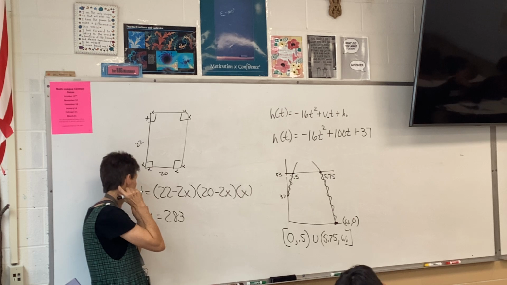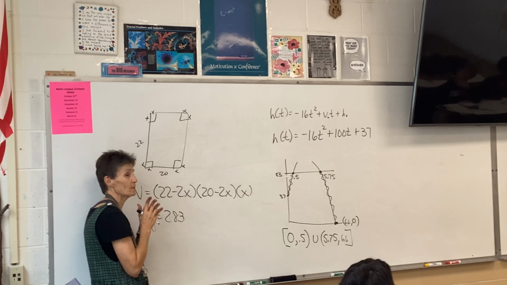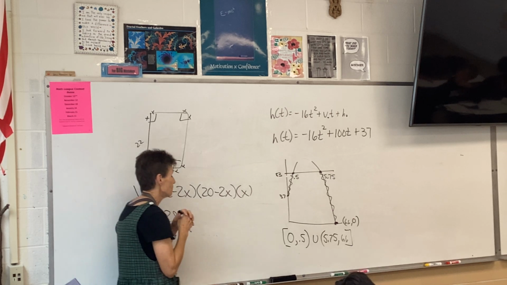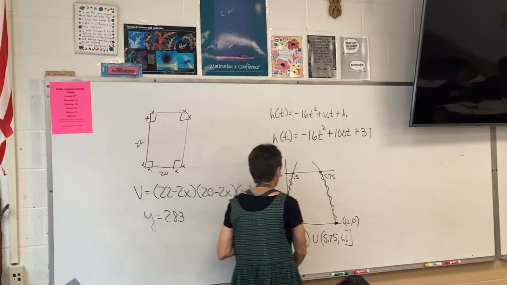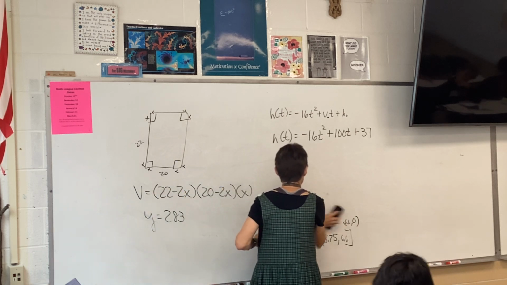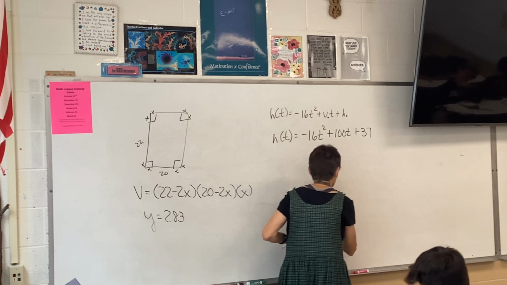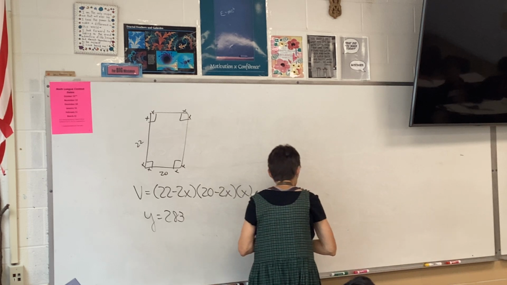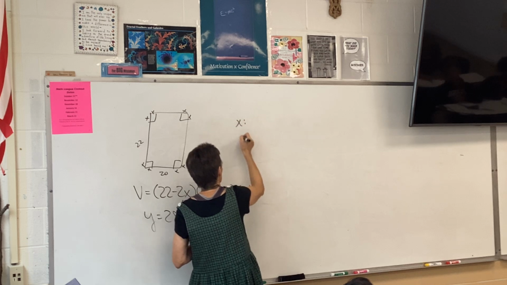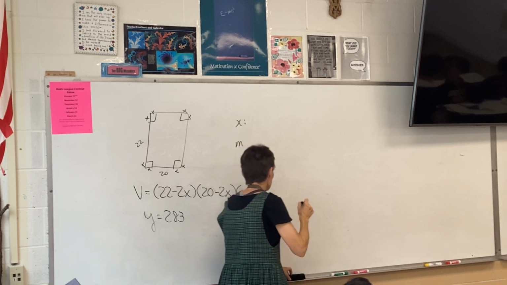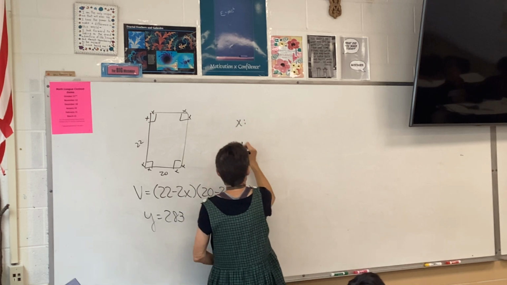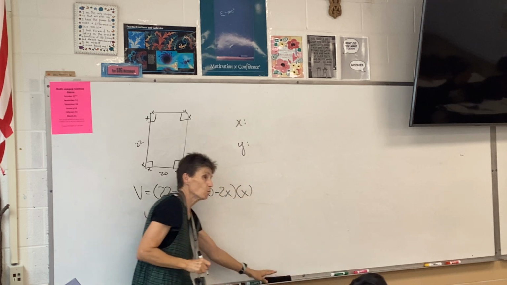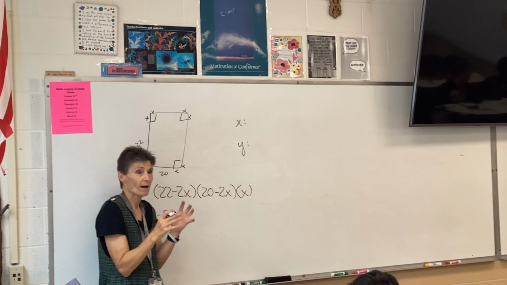Now, some of you weren't careful when you did this in your homework. You didn't stop to think about what X could be. So I want you to think about what your X's are going to be, in terms of what I want to look at on the graph.